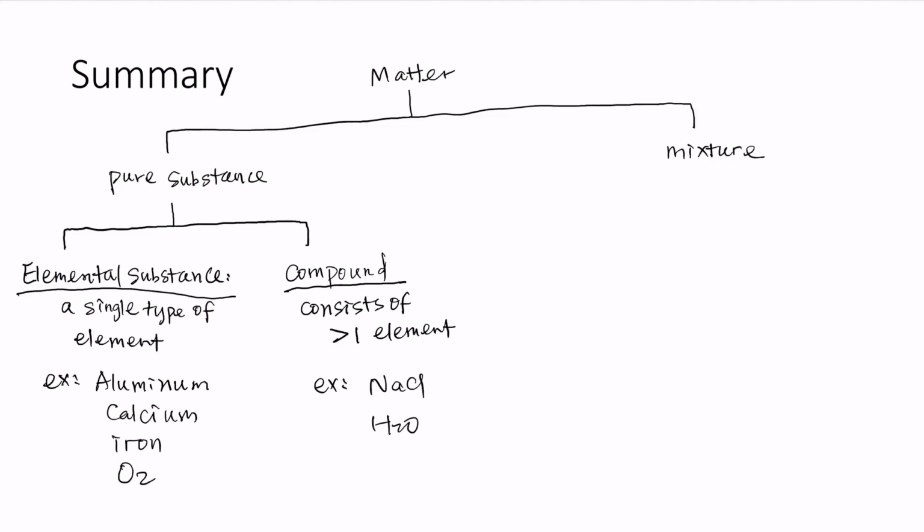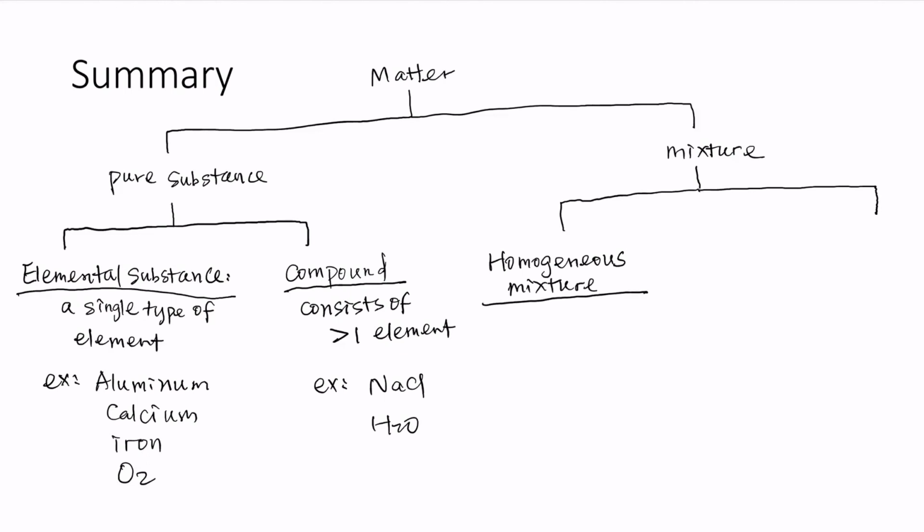Now let's come to mixture. The first type is homogeneous mixture. It has the same composition everywhere.